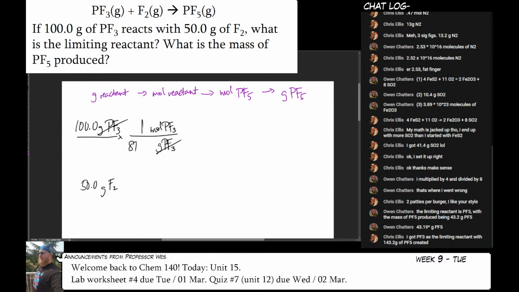Yeah, that checks out. All right, and then we'll turn that into moles of PF3 becomes moles of PF5. And this is just 1-to-1 because you're just combining the two. And then moles PF5, grams PF5.